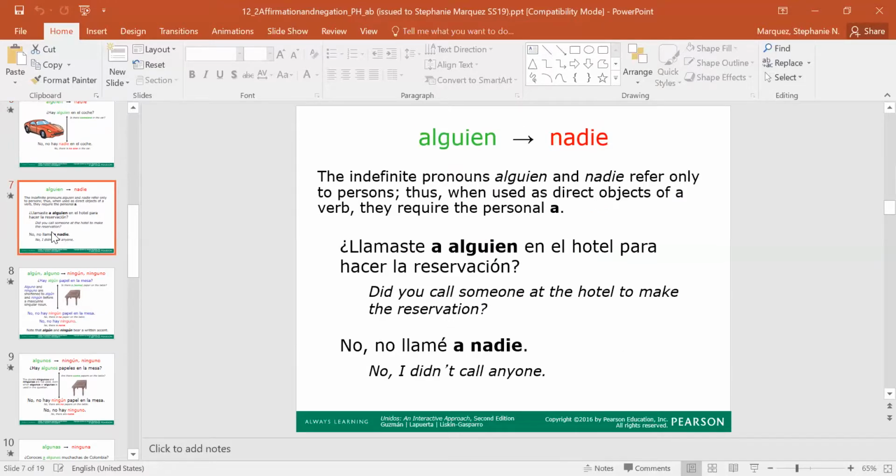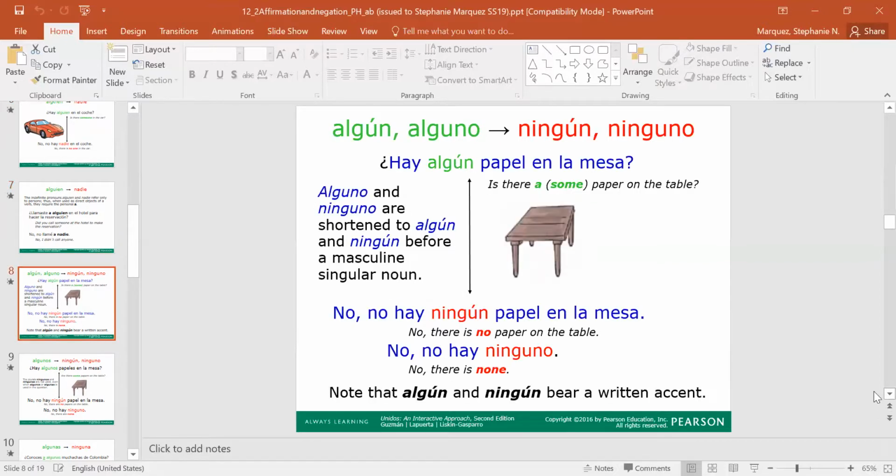So as we look through, they're using alguien and nadie again. And then they get to this, which is what I started off with. So as I called it, it's base form, or I think I said virgin state or something like that. Alguno and ninguno are really kind of hard to translate from English to Spanish and Spanish to English, but I don't disagree with what they've said.